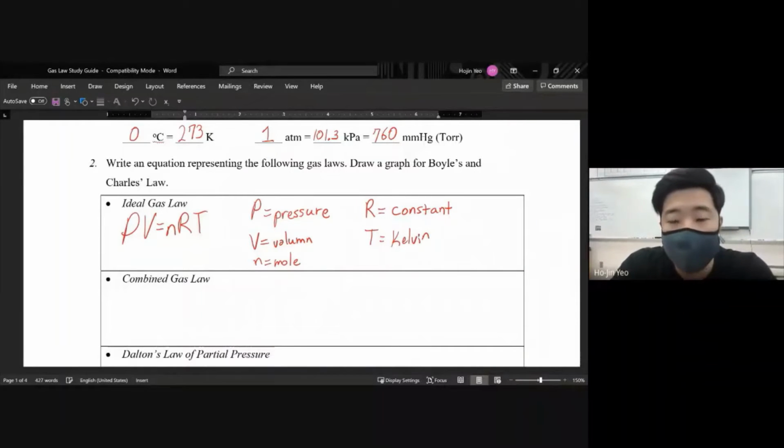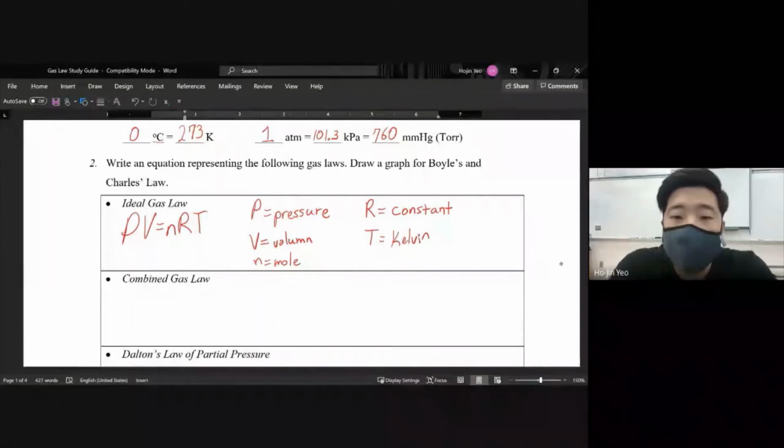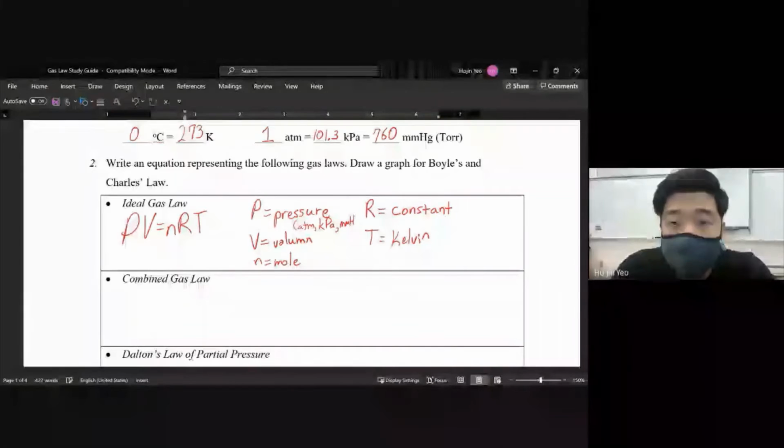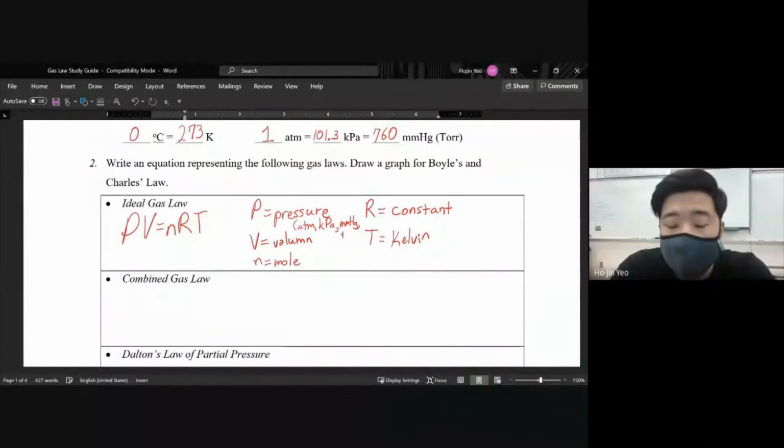Now, for the unit of each of them, pressure can be either ATM, kPa, mmHg, or torr, just like mentioned on the top for the standardized pressure.